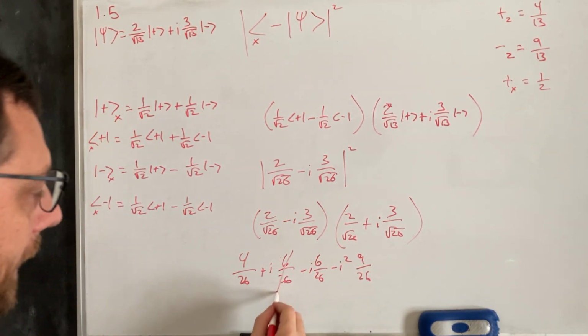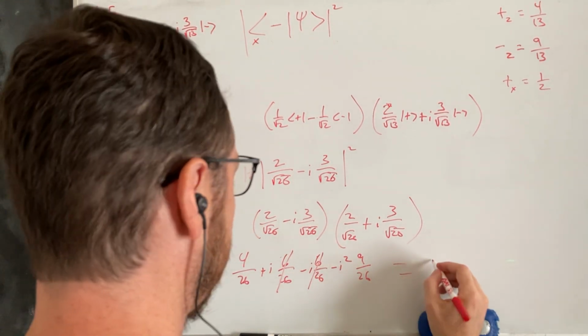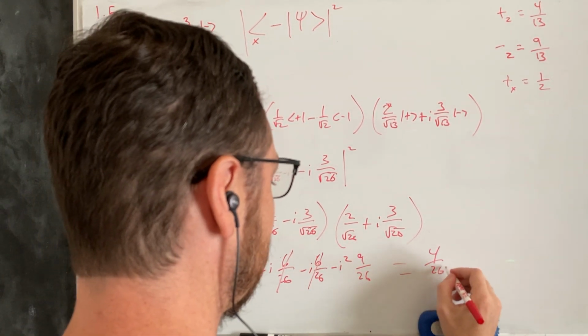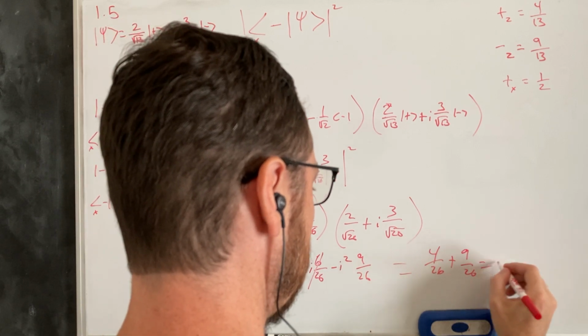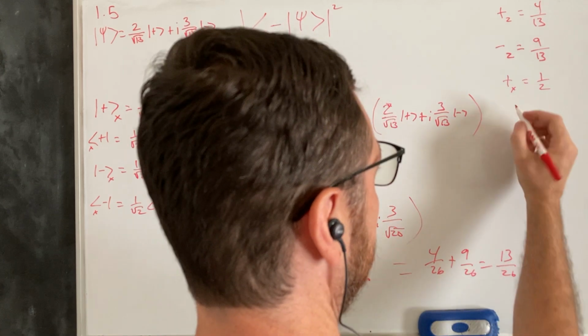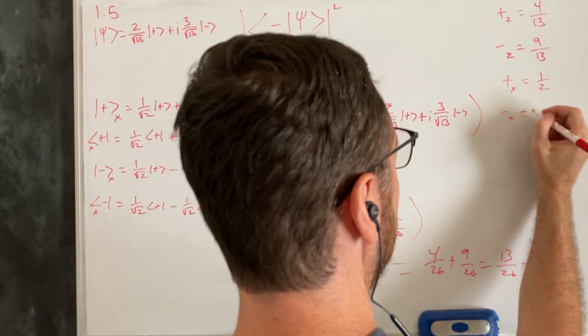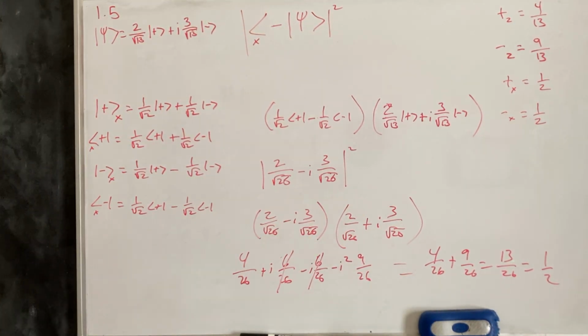All right, these terms cancel again. That i squared ends up flipping the sign. And again, we're left with 4 over 26 plus 9 over 26, which is equal to 13/26, which is equal to 1/2 as expected. So minus in the x direction is also 1/2. All right, and those are our probabilities for the z direction and the x direction. Hope that helped.